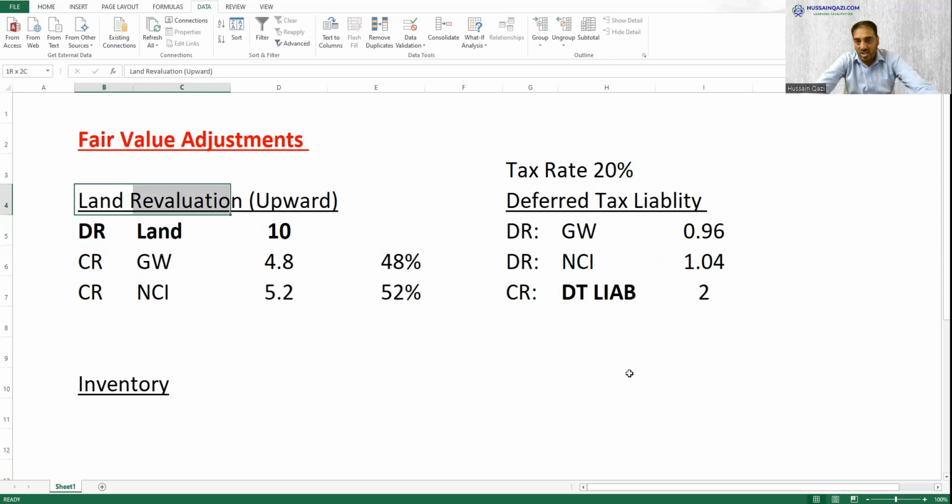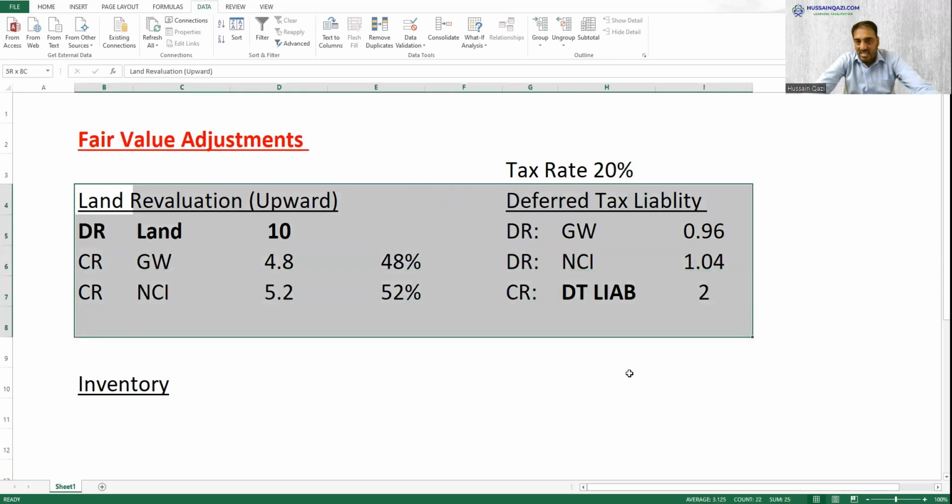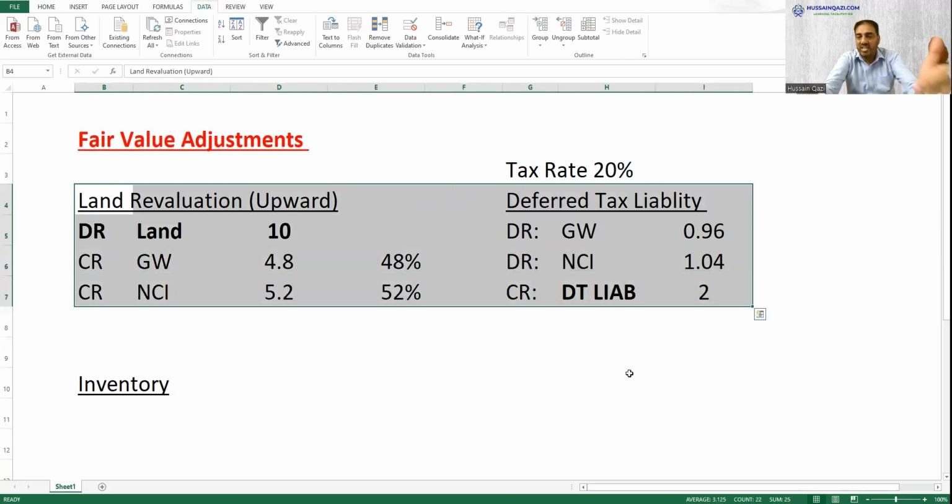So actually this will be the adjustment reflected on the consolidated balance sheet.